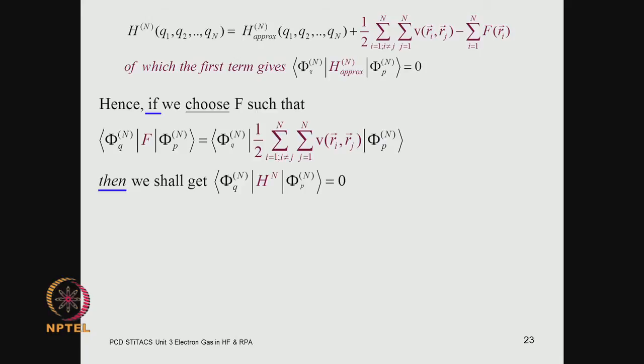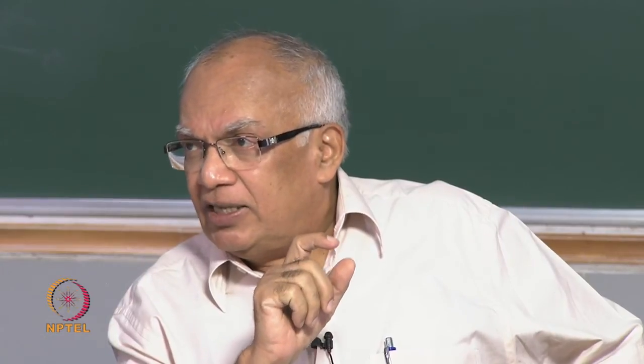We now ask what are we going to get from the second and the third term, but what we can see very clearly is that if we choose f, and this is the main question that we decided to discuss in today's class, how do we choose f?